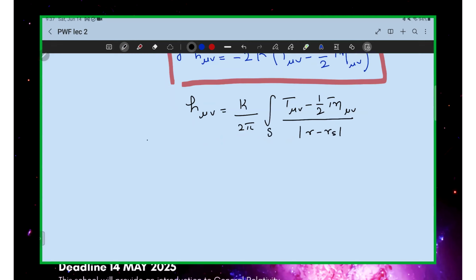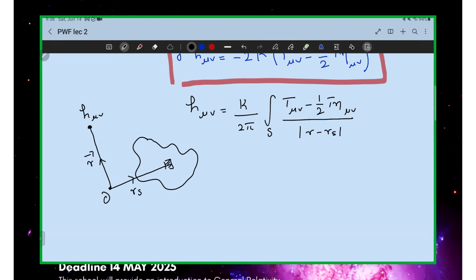Suppose that you have a source of gravity, and this is the point at which you are evaluating H mu nu. This is the origin, O. So R is this vector. This vector is R, and this is an arbitrary point in the source. This vector is RS.